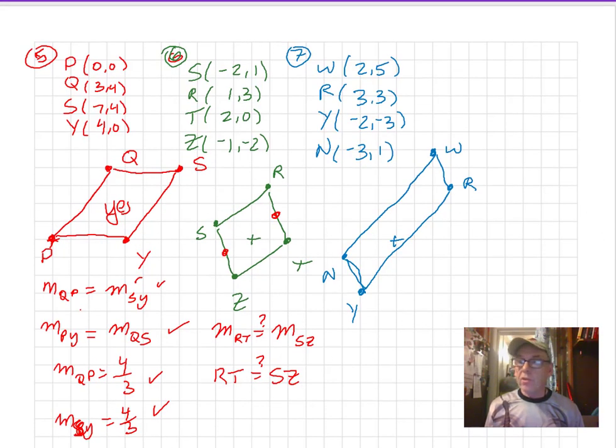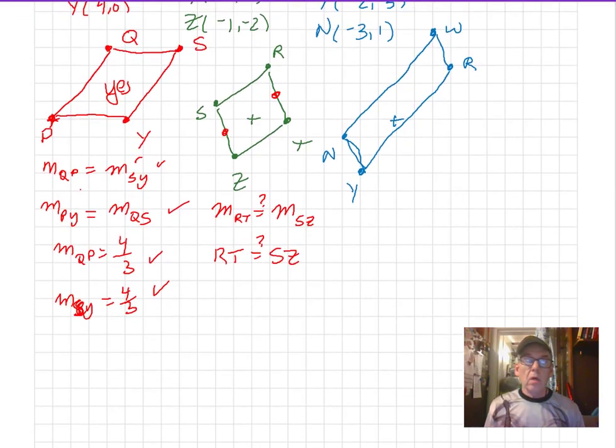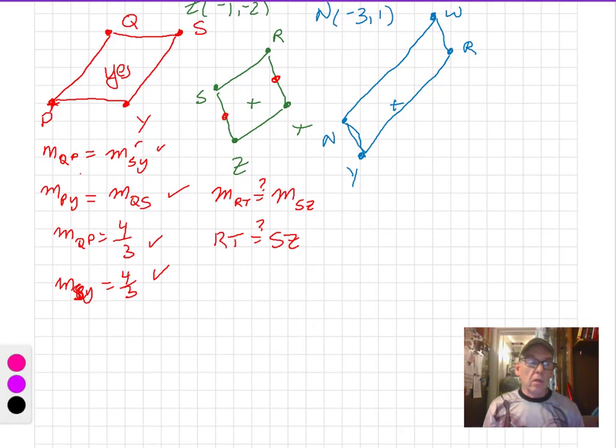So we need to find the slope of RT. We do this in green. For RT, change in Y is 2. Change in X is -1. So the slope is -2.